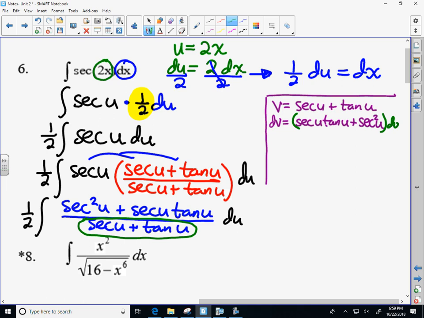Alright, so now if I take that and compare it to what I have in my actual integral, I have secant u tangent u, I have secant u tangent u, I have a secant squared u, I have a secant squared u, I have an addition sign. Alright, so this would be a direct substitution. So the entire numerator along with the du gets replaced with the dv.